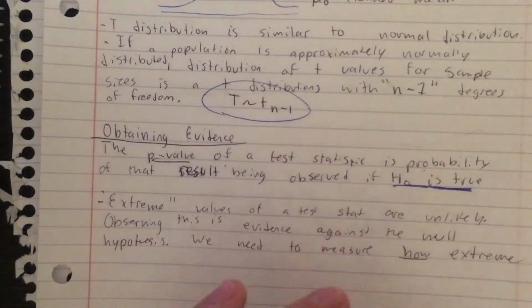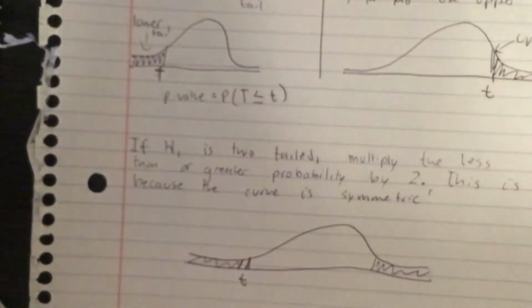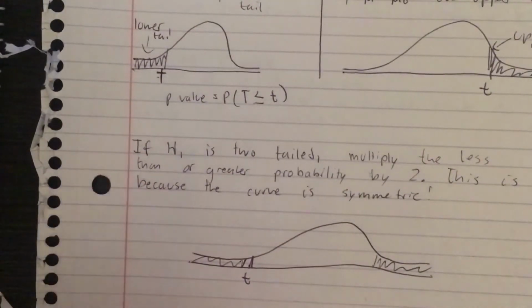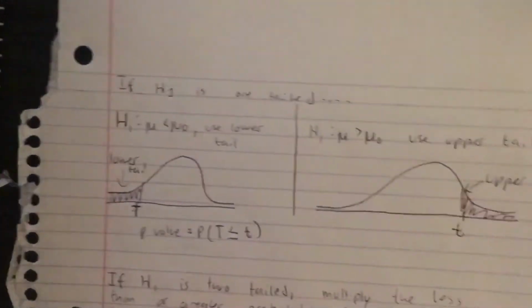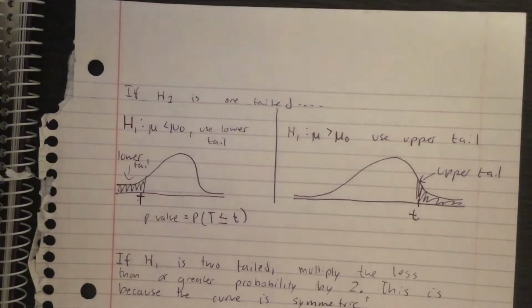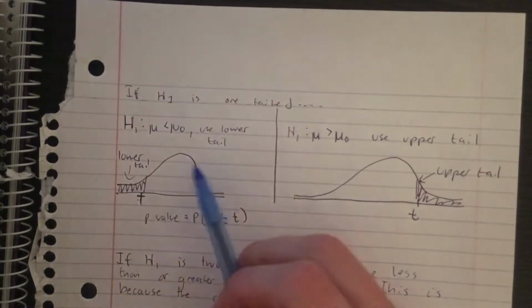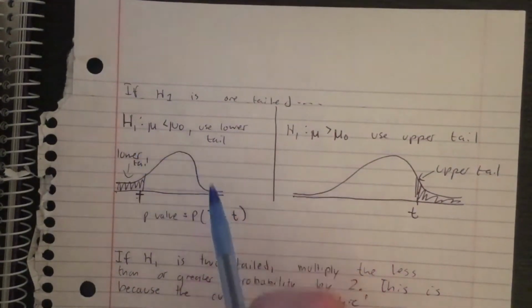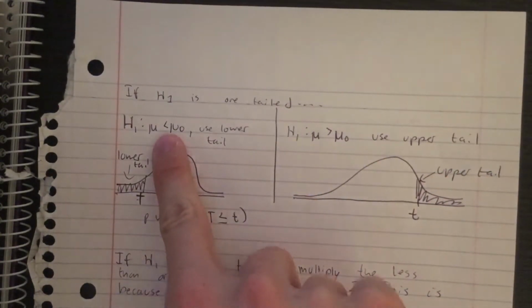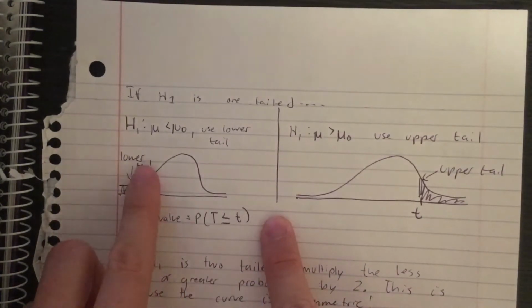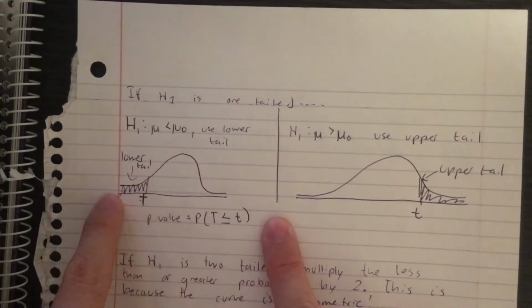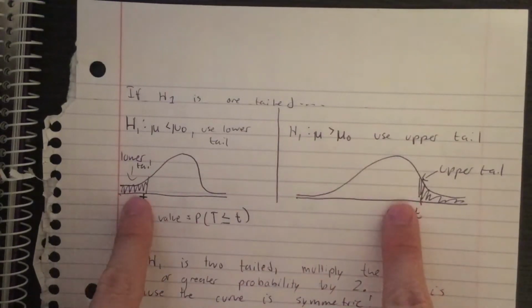That measurement, the p-value, is also going to be determined by whether something is one-tailed or two-tailed. The two types of one-tail are if the mean is less than or if the mean is greater than. In that last video, we talked about how for the lower tail, if it's less than, we shade to the left. If it's greater than, we shade to the right.